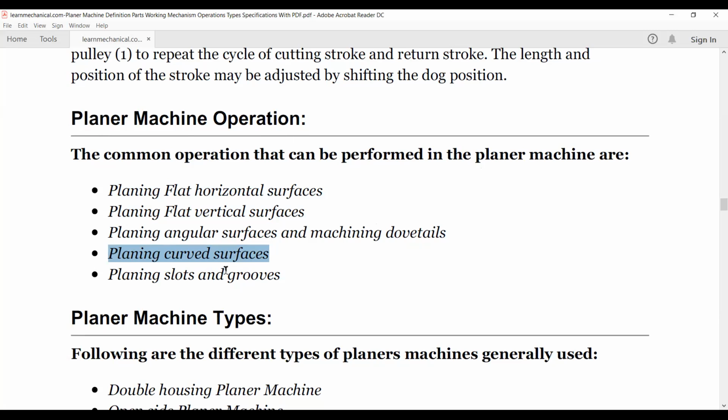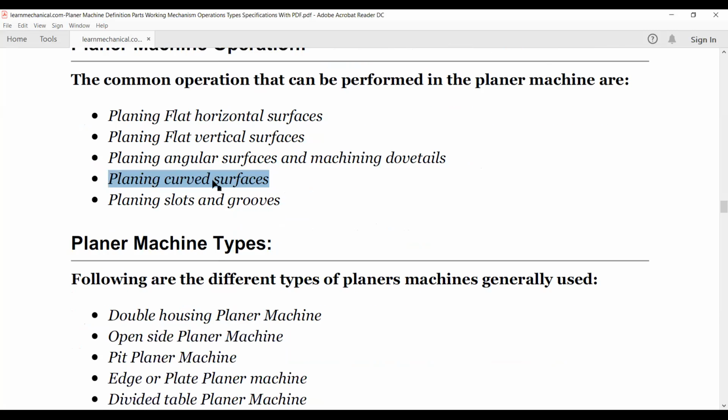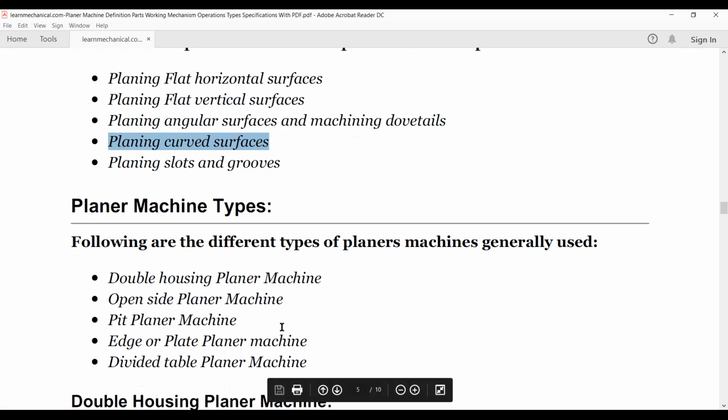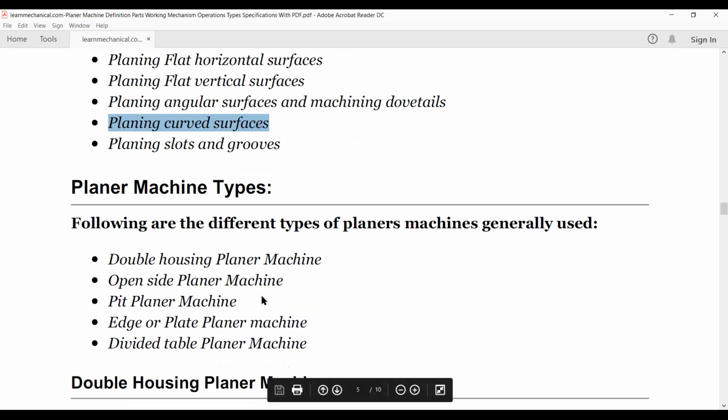These are the various operations that can be performed on the planar machine. What are the different types? There are different types of planar machines like double housing planar machine, open side planar machine, pit planar machine, edge or plate planar machine, and divided table planar machine.